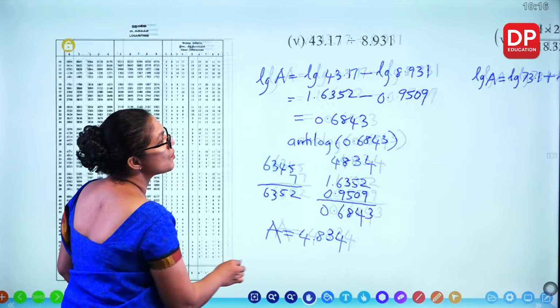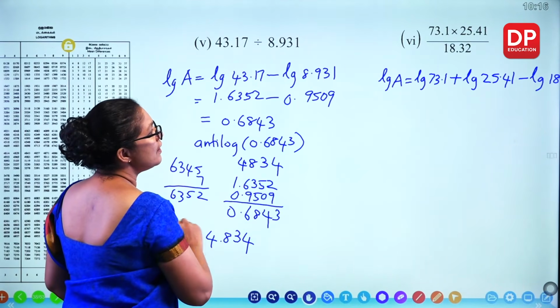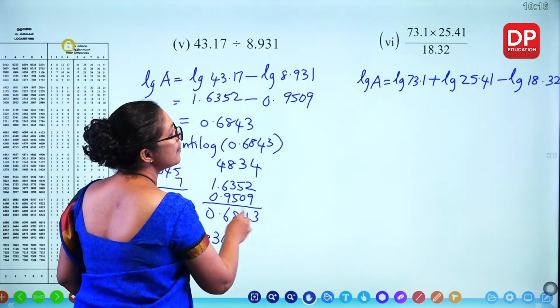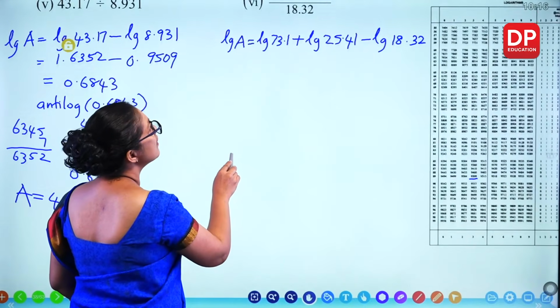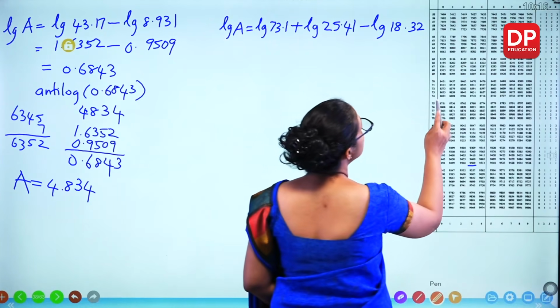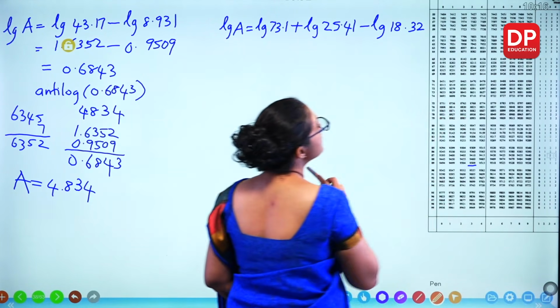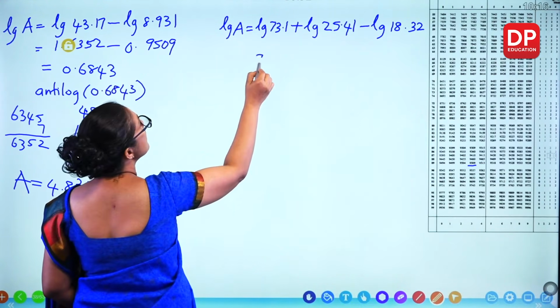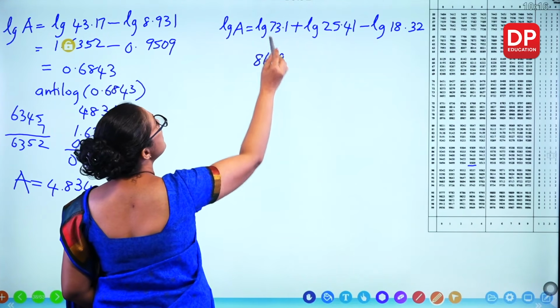Now we'll take the next one. We'll refer the table. 73.1 from the table. 86.39.